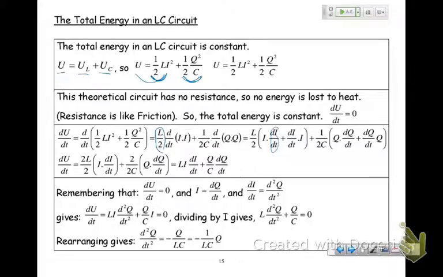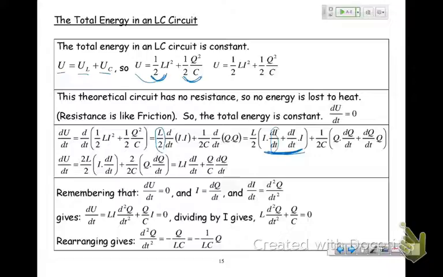Okay? Oh, yeah, that's a bit of calculus coming in there. Is that not an identity that you learn in calculus? Remember that? Okay, good. And then we have 1/(2C), and we're going to do the same thing over here. d/dt of that is q dq/dt plus dq/dt of q.